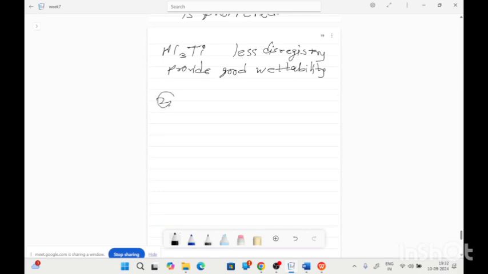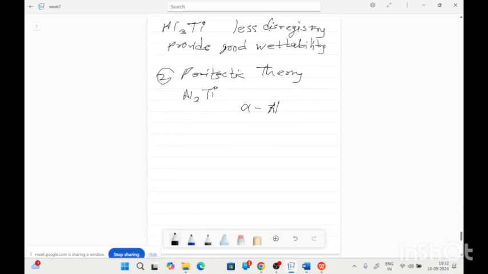Next theory is the peritectic reaction. In this peritectic theory, the Al3Ti intermetallic present in the melt enables the formation of the alpha aluminum nucleus before the solidus temperature, that is 660 degrees Celsius, is reached.